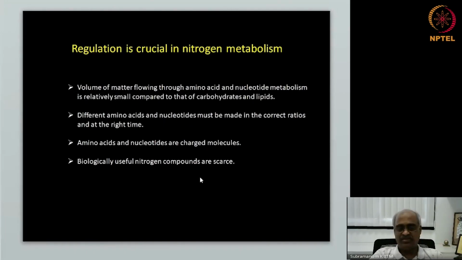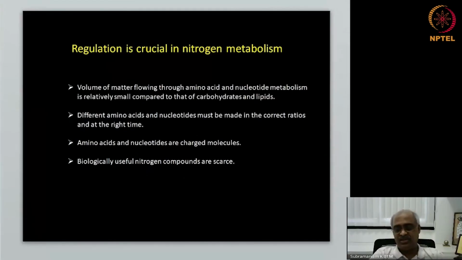And the resource is very scarce, so you need to use it judiciously. So these are the 4 reasons why this metabolism is a lot more fine-tuned and regulated relative to the other 2, carbohydrates and lipids. They themselves are regulated as well. This is even more stringently regulated.